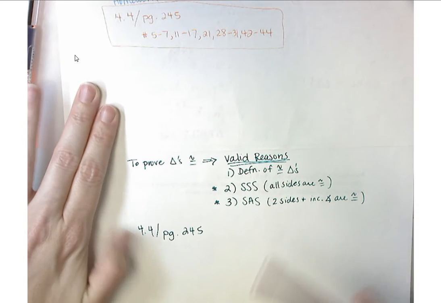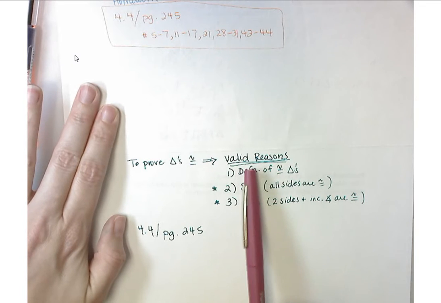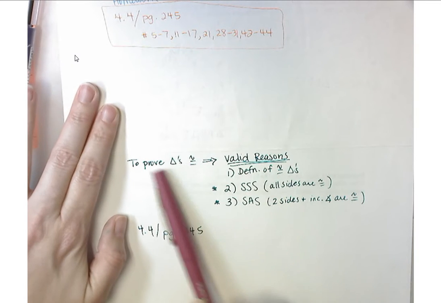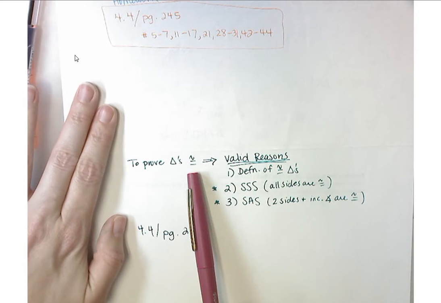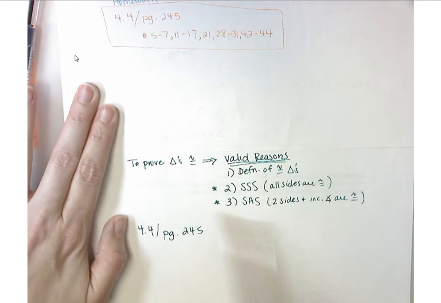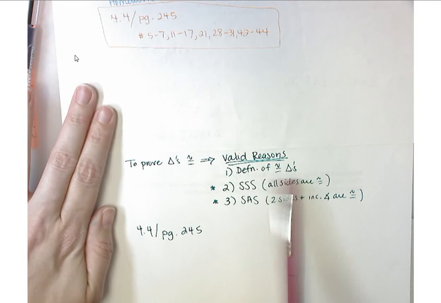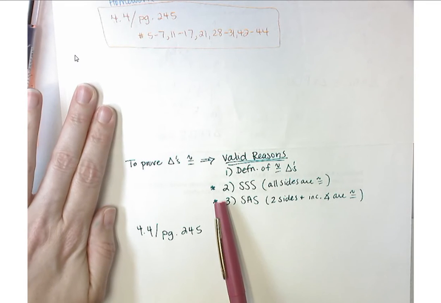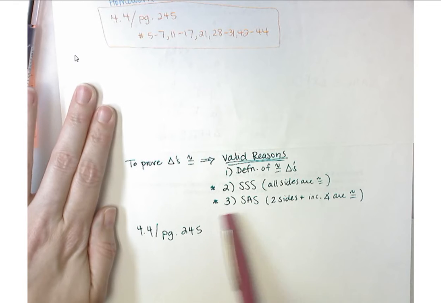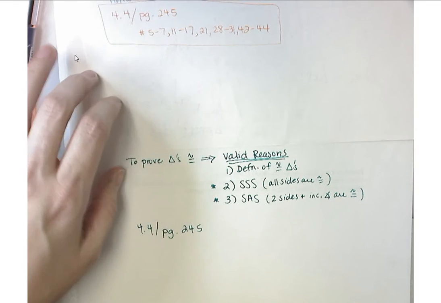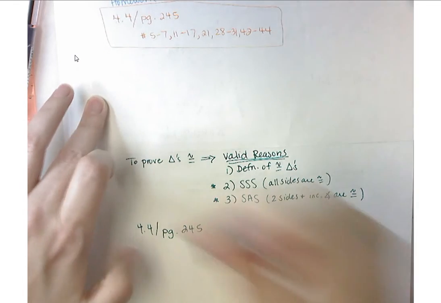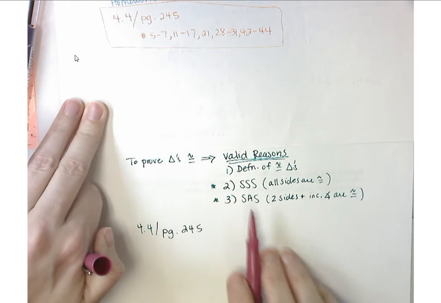We are going to go over this tomorrow in my 5th period, but my 3rd period already did this. To prove your triangles are congruent, these are the only valid reasons we have. Before it was definition of congruent angles. Now we've learned side, side, side, and side angle side. Side, side, side means all sides are congruent.